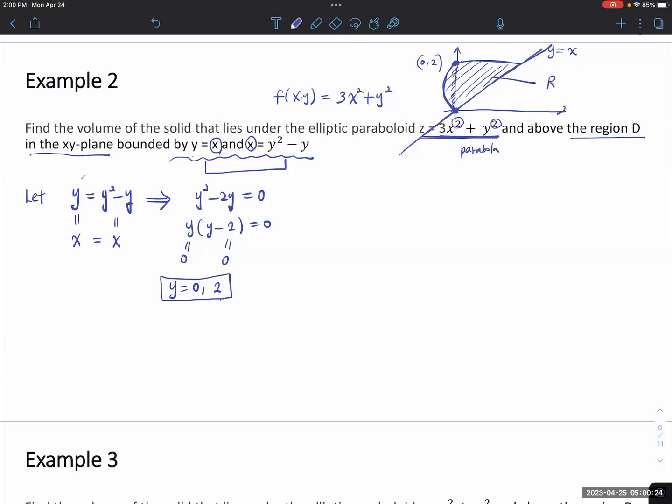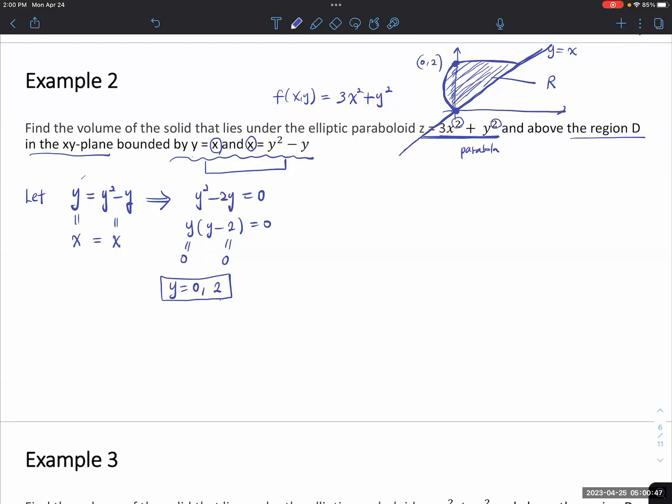Does it make sense? We found the specific points 0 and 2, and then you need to pass through this point because this is the intersection, and then you have to draw the line that is passing. So this is the only way I can draw. So basically we are looking for this region.